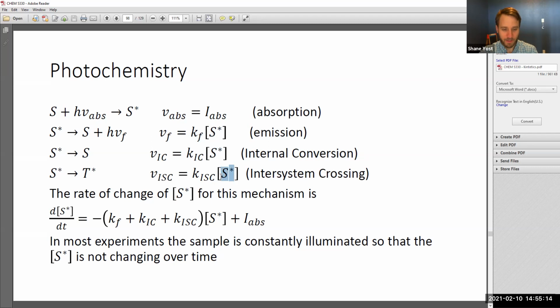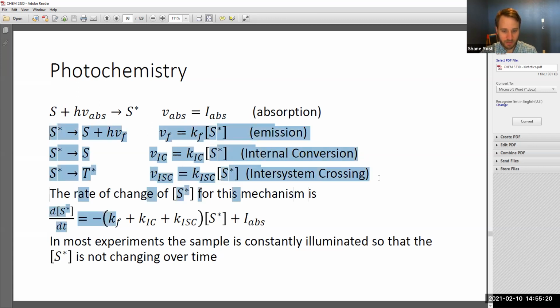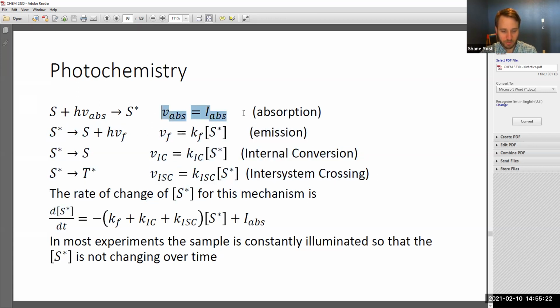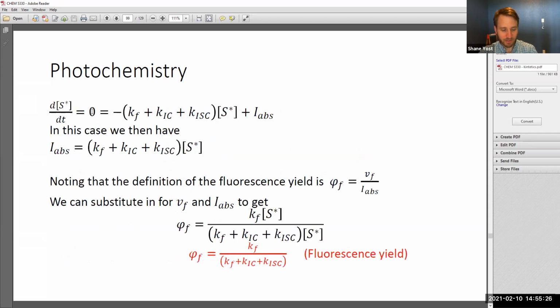And so eventually the concentration of my intermediate is going to get large enough that the sum of these three rates is going to equal the rate of absorption. So we set the change in concentration of S star equal to 0, and under these steady state conditions the rate of absorption has to equal this.